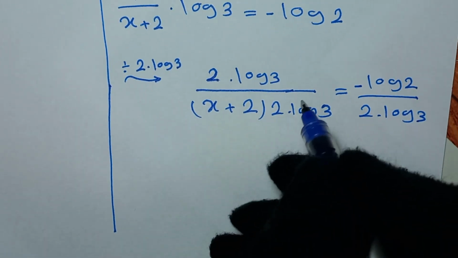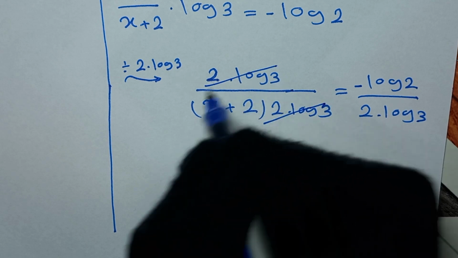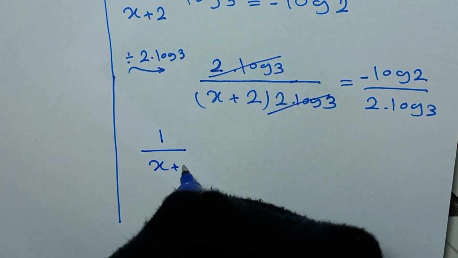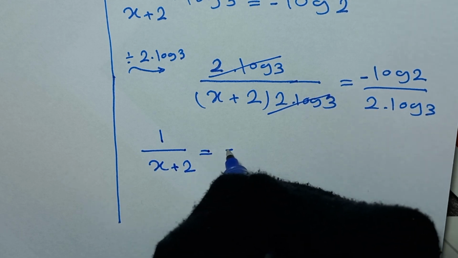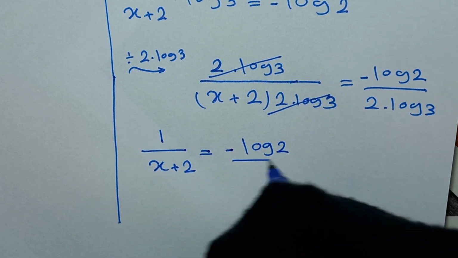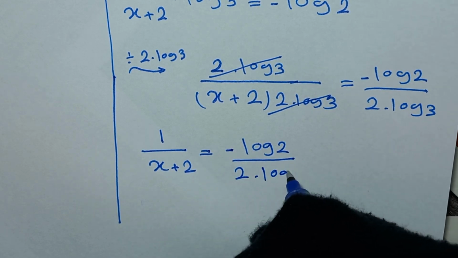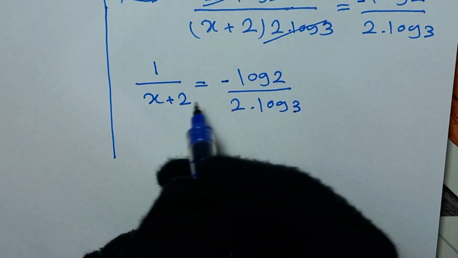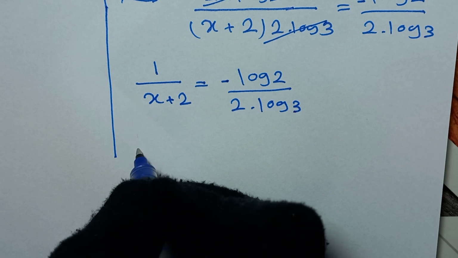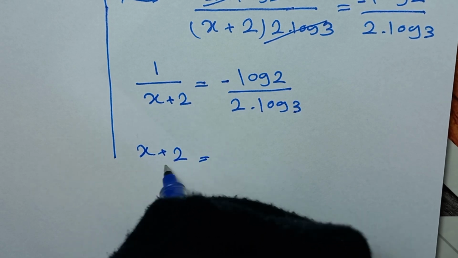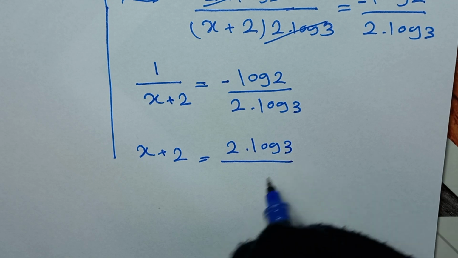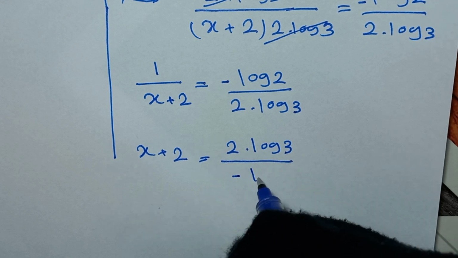So here, this will cancel this, and it will be 1 over x plus 2 is equal to negative log of 2 over 2 times log of 3. And in the next step, reciprocal both sides of the equation, so it will be x plus 2 is equal to, and here it will be 2 times log of 3 over negative log of 2.